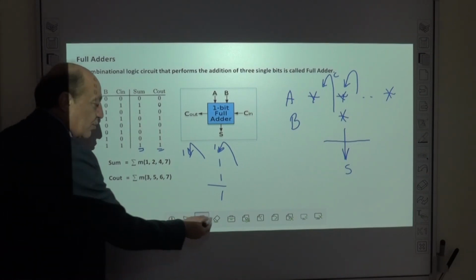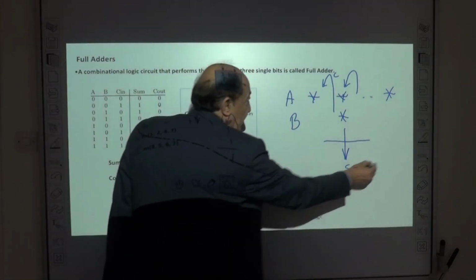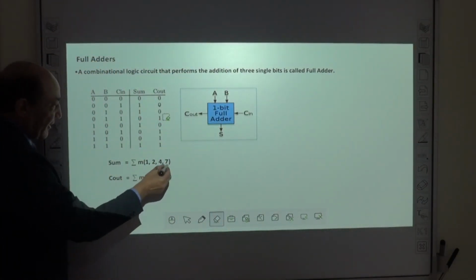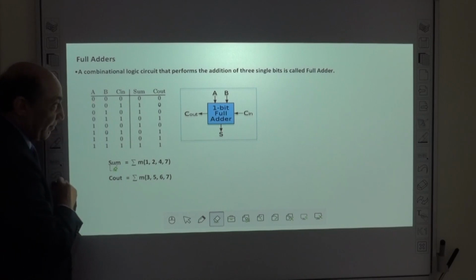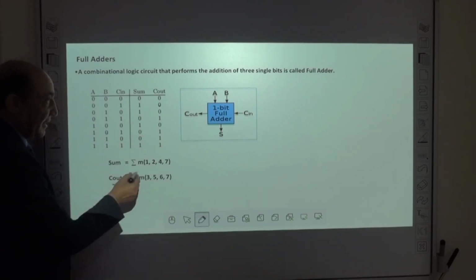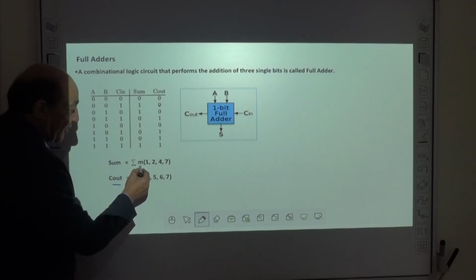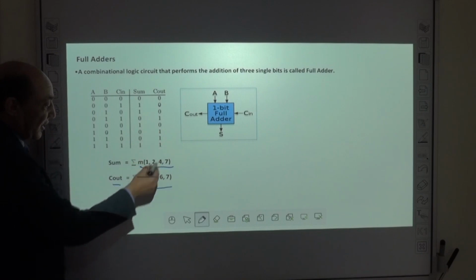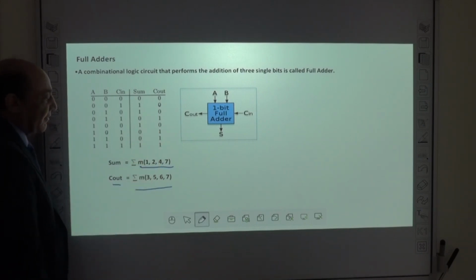From the truth table, it's very easy to obtain the sum and the carry out expressions. Sum equals minterms 1, 2, 4, 7, and carry equals minterms, as you see, 3, 5, 6, 7.